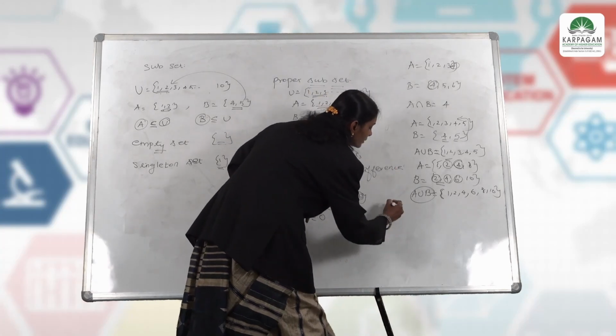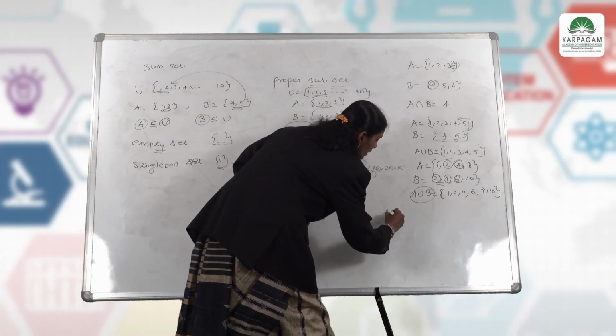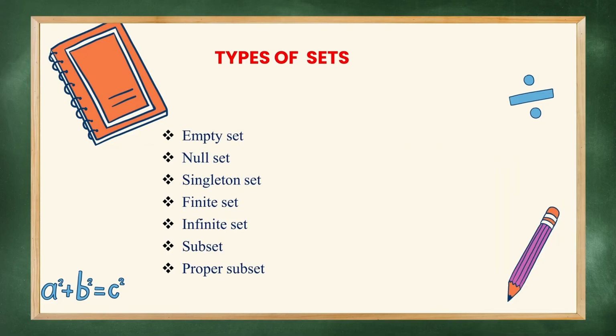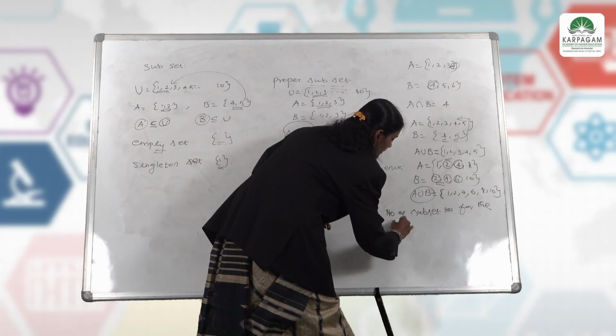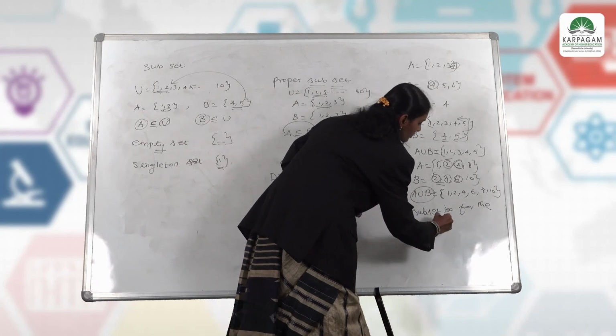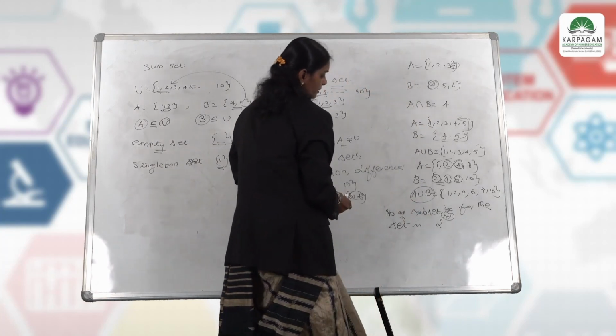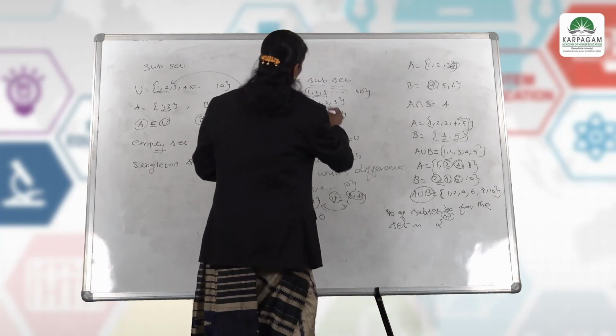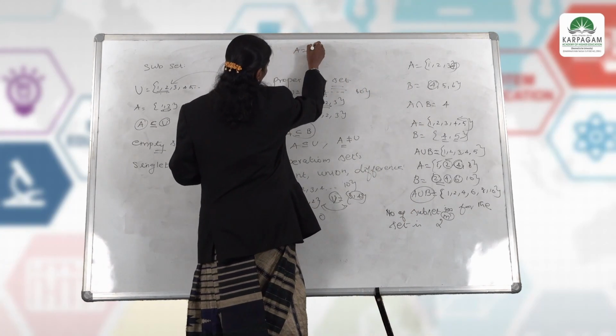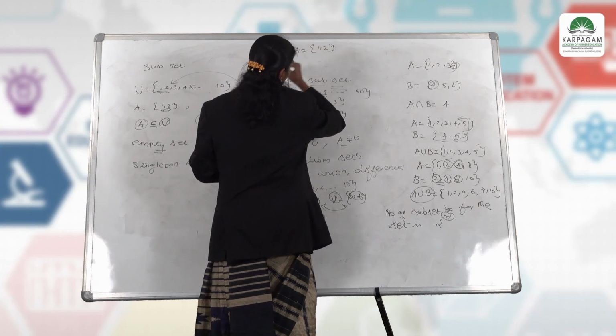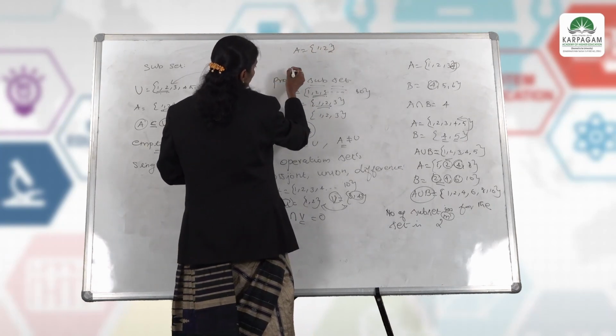And the number of subsets for a set is calculated by the formula 2 power m. Here m is the number of elements in the set. For example, suppose we have A is equal to {1, 2}. So how many subsets are possible?